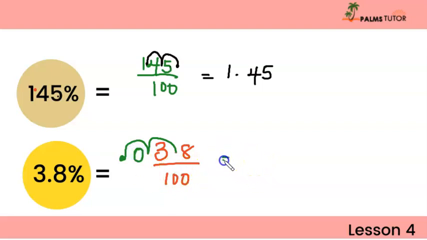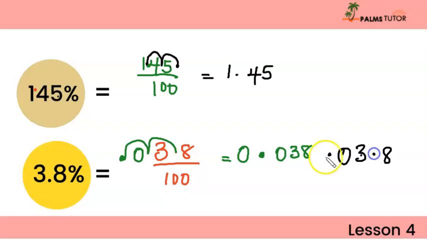So this is going to be 0.038. Let's put a 0 in front here. So we have 0.038. If you just want to simply count, you have 3.8. I want to move 2 digits backward. 1, 2. Then I have my decimal point.